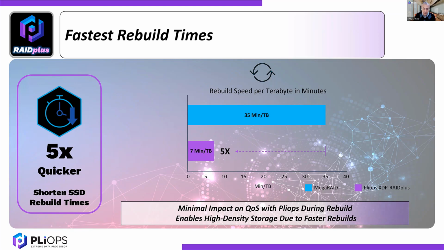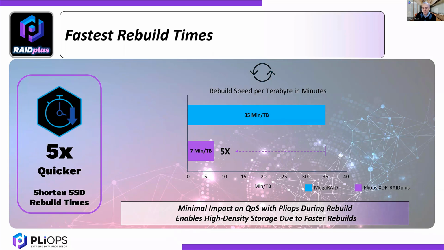Secondly, when an SSD rebuild is initiated with a hardware RAID solution like MegaRAID, the entire SSD capacity of the failed drive is rebuilt on a spare drive using data and parity blocks from the remaining drives. This leads to a very slow rebuild and continued performance impact.